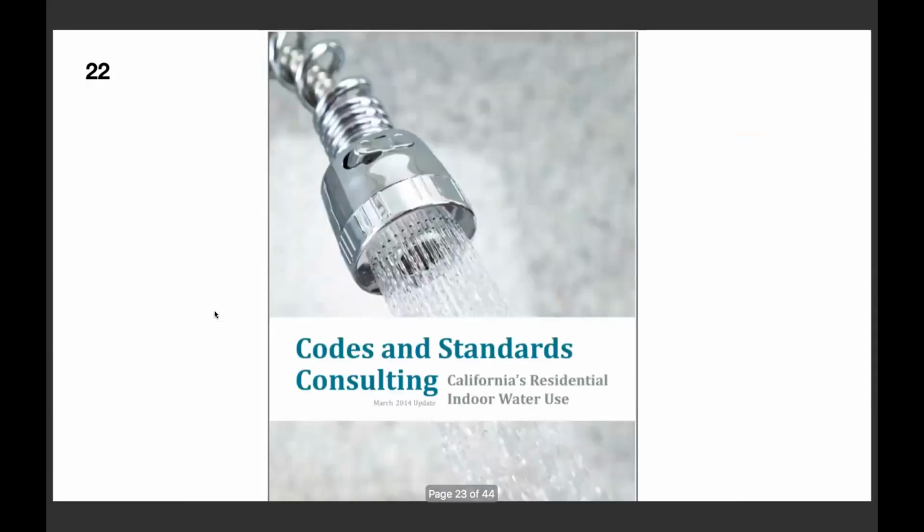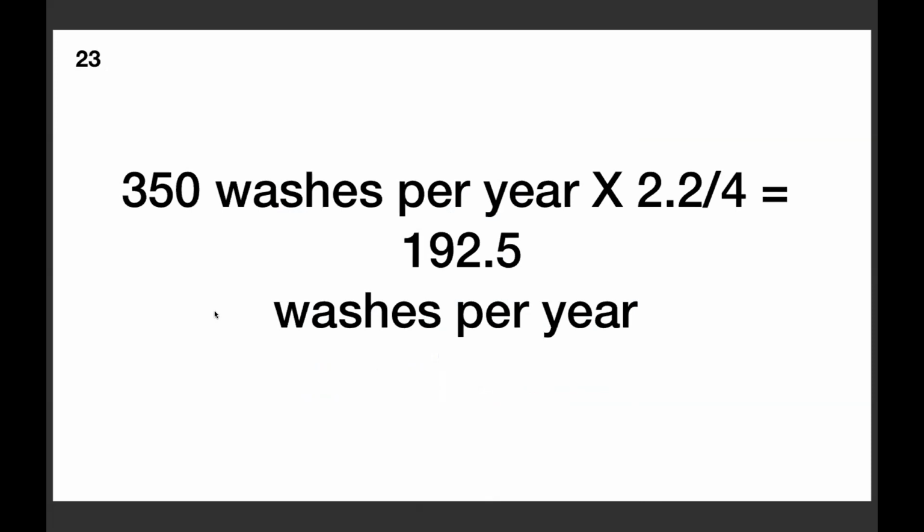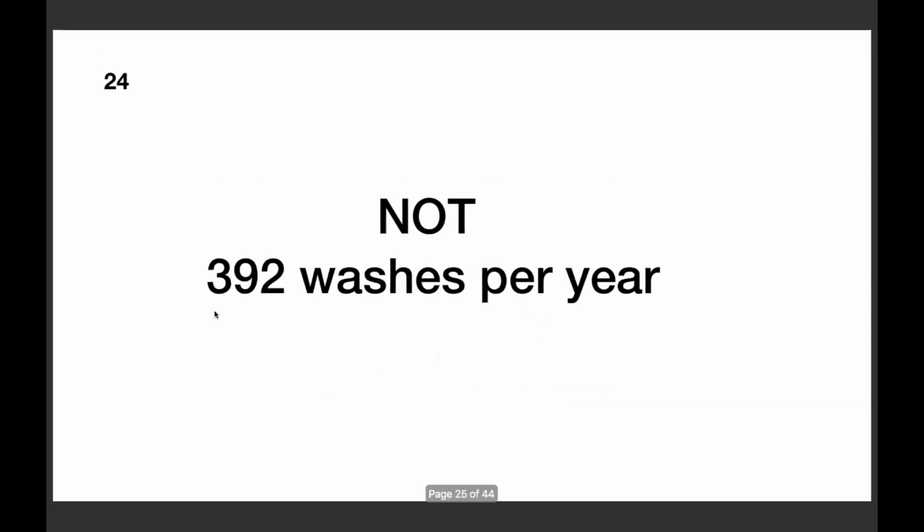If Codes and Standards estimates between 300 and 400 washes per year for the average family of 4, that average should be 350. So for the 2.2 people the county estimates lives in the average Los Osos household, the average number of washes should have been estimated to be 192.5 times per year, not the 392 washes per year.